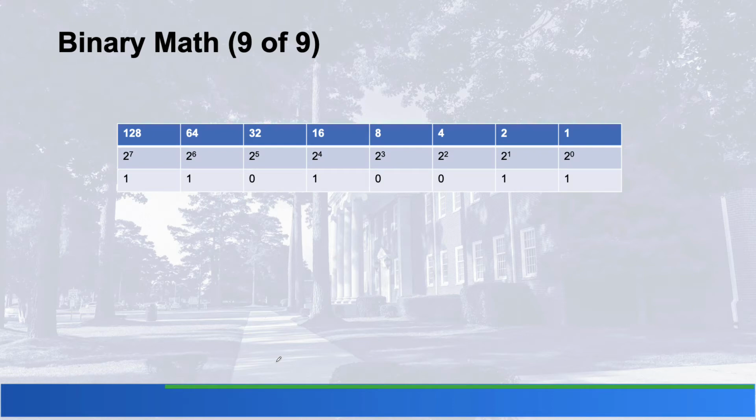You should go practice this a couple of times and then come back and watch it again if you have trouble. Practice it a few more times and then you'll have it. So practice is important for these binary conversions.